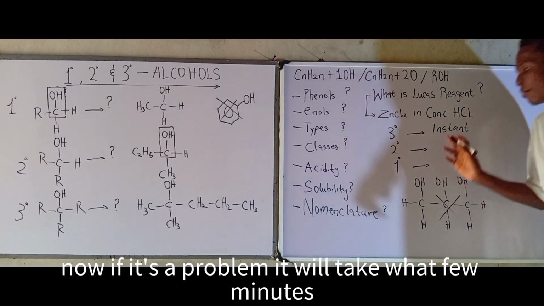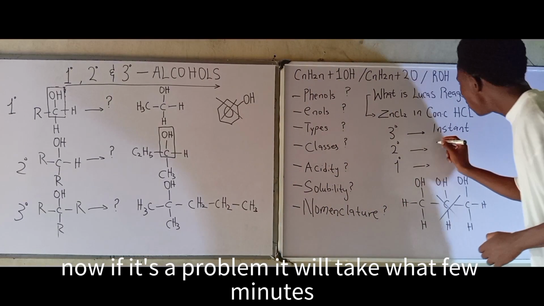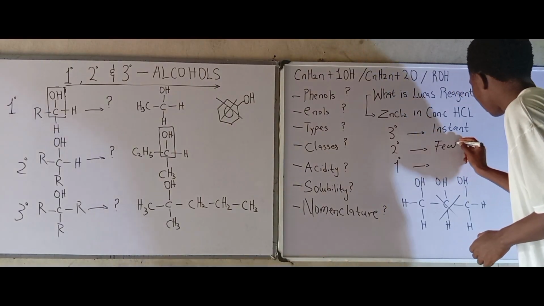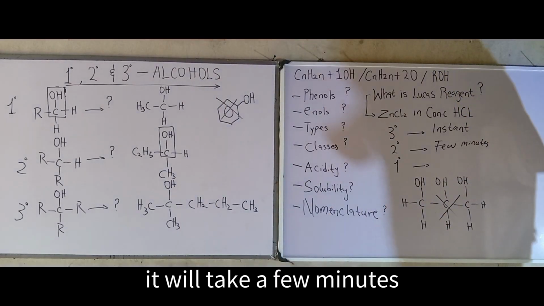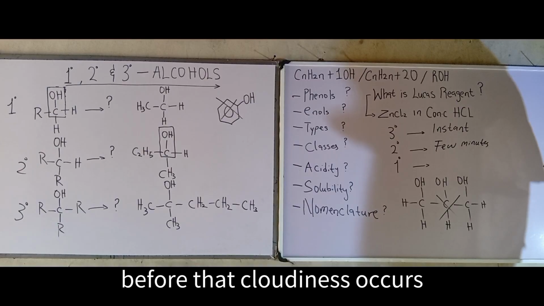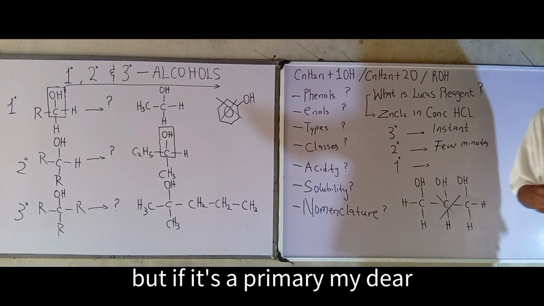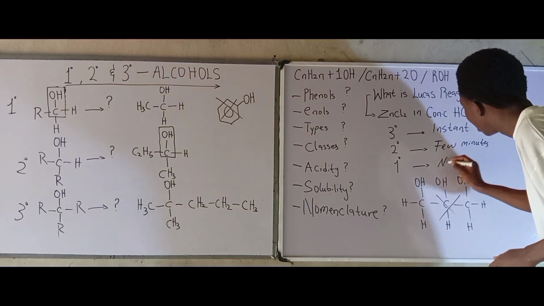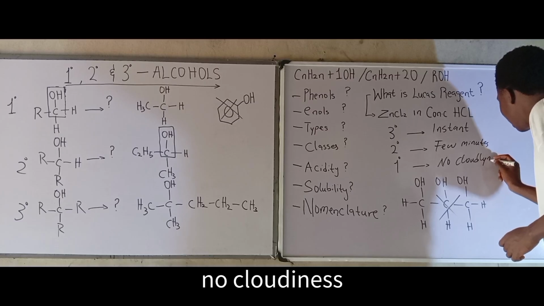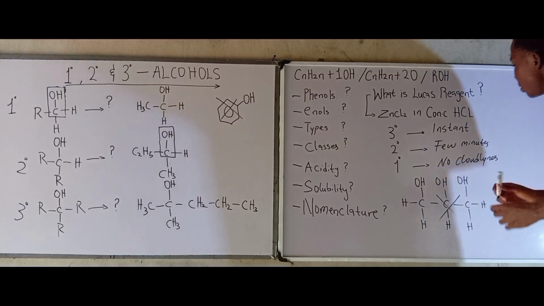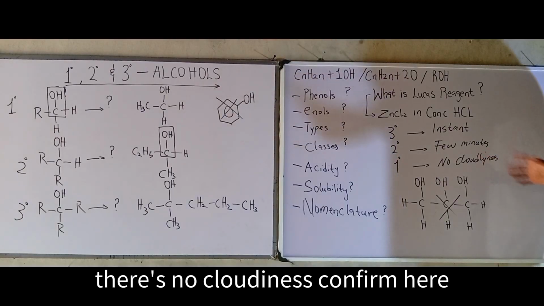Now, if it's a secondary, it will take a few minutes before that cloudiness occurs. But if it's a primary, my dear, no cloudiness. There is no cloudiness confirmed here.